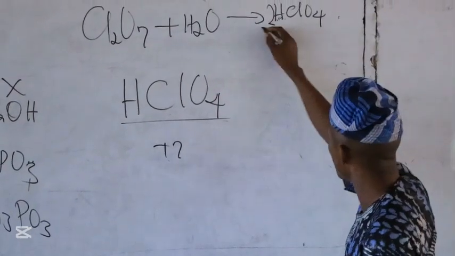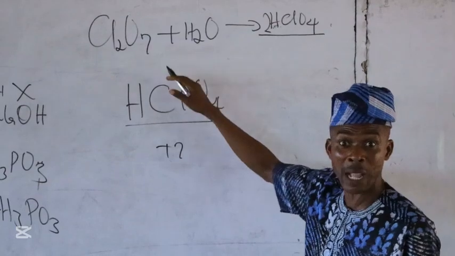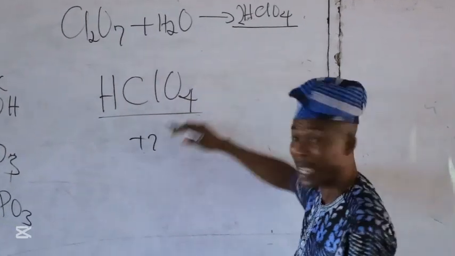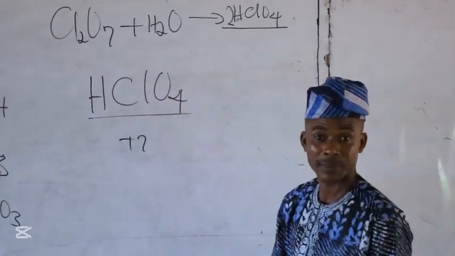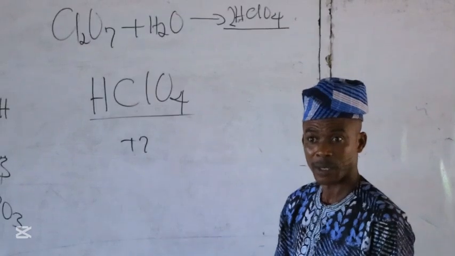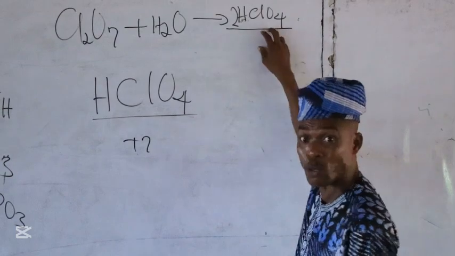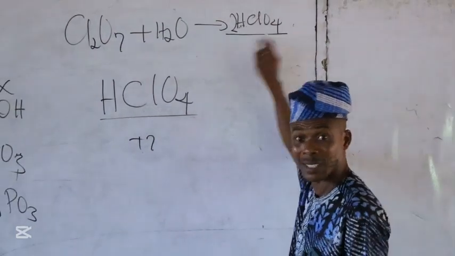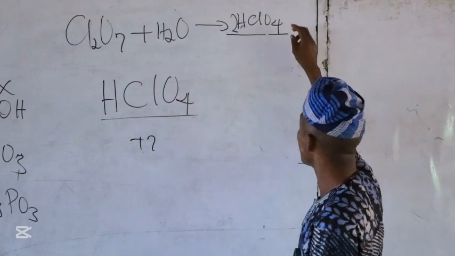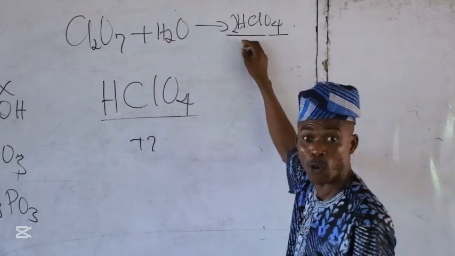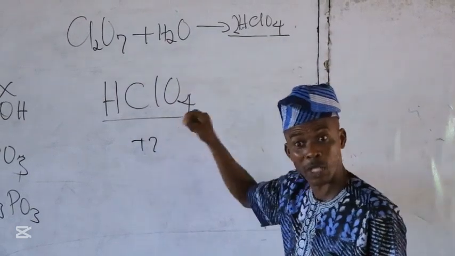If you go by what you have here, everything will multiply by 2, and you are still going to get 7. So it will be 2 hydrogen, 2 chlorine, and this is going to be 16. By the time you subtract 2 from 16, you have 14. Divide by 2, you still have 7.